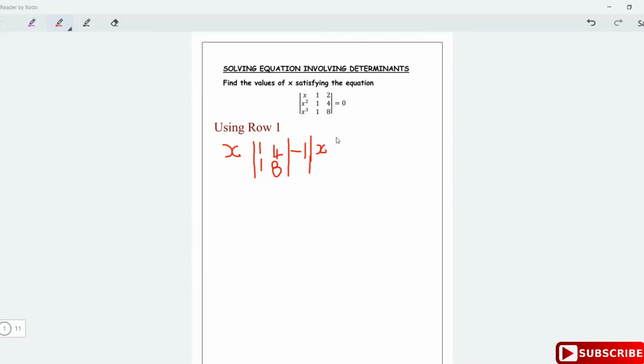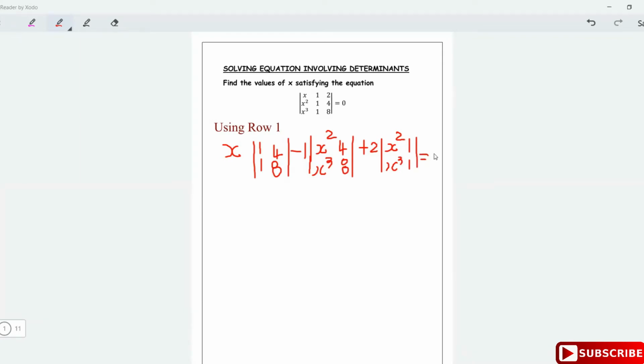And finally, we'll have plus 2 times the determinant, crossing out the row and the column with 2. That leaves x squared, 1, x cubed, 1. This is equal to 0.